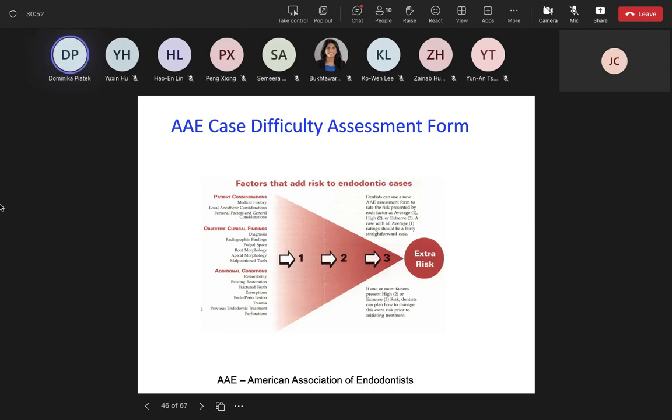And factors that add risk to endodontic cases are patient considerations, objective clinical findings and some additional considerations, and when we give them these notes from 1 to 3, we can be sure if we should refer a patient to maybe someone more experienced or not.